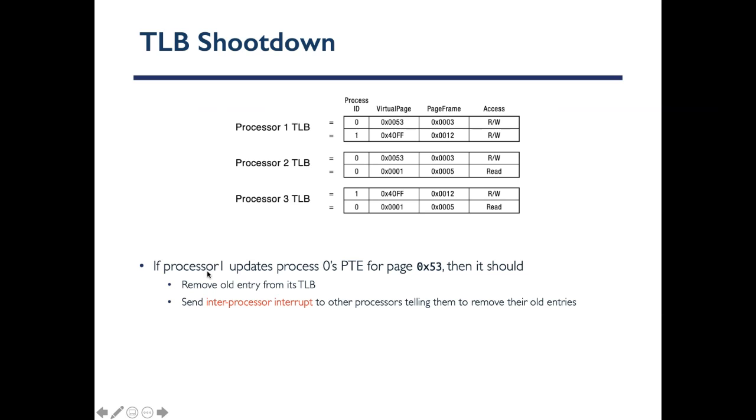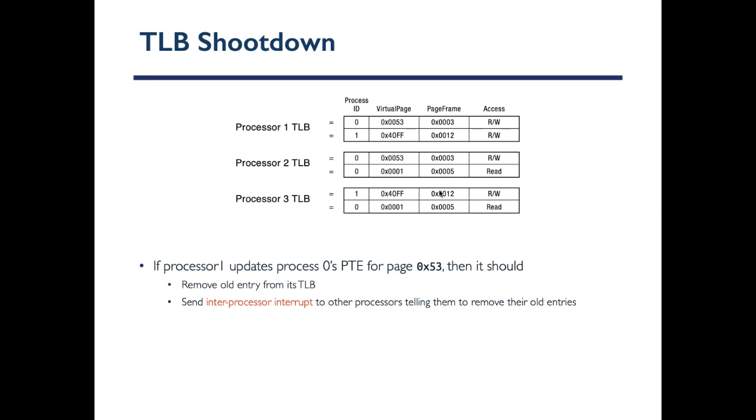The first thing you have to do, if you remember that slide we talked about consistency, is remove the entry that you have for yourself. But as you can see, other processors might also have cached that page table entry. Maybe this process was at some point running on those processors, so its addresses are translated and cached on the TLB of those processors as well.